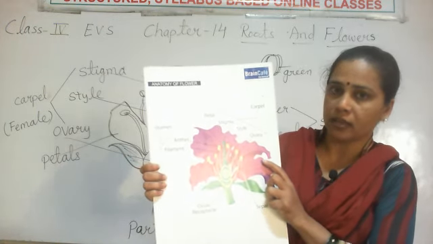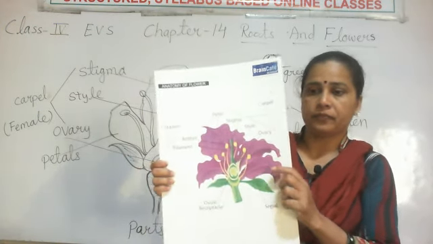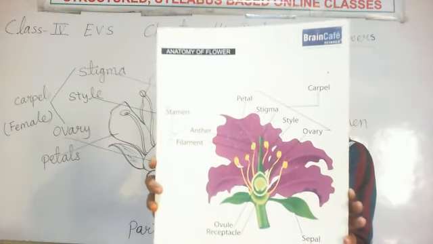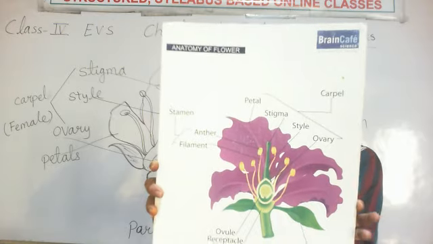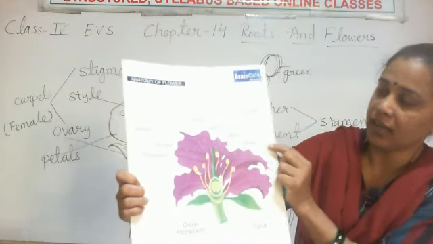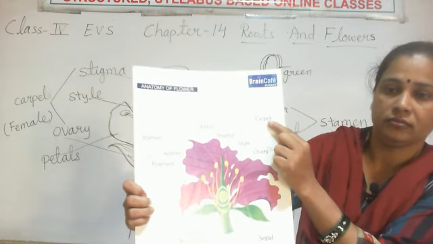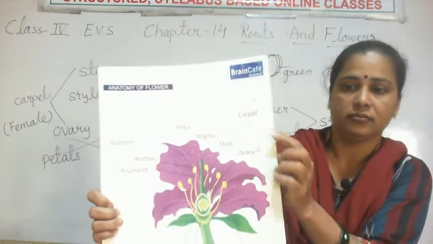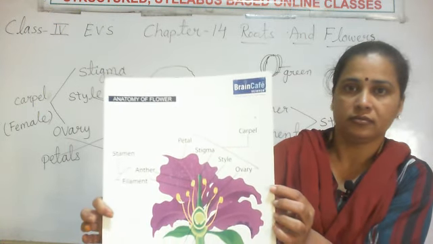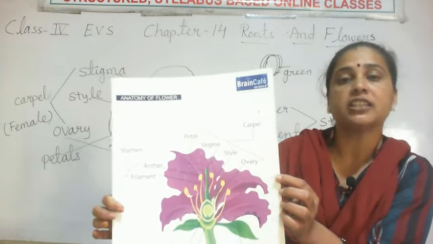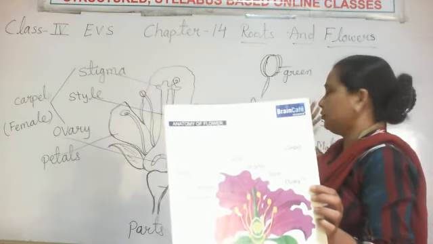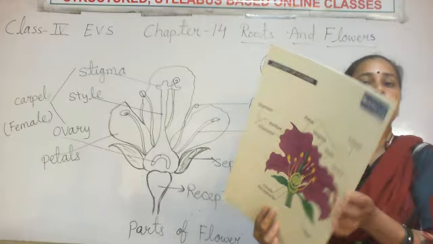Okay. Stamen and carpel. Now what is the stamen and carpel? We come to this point. Okay, stamen and carpel क्या है?